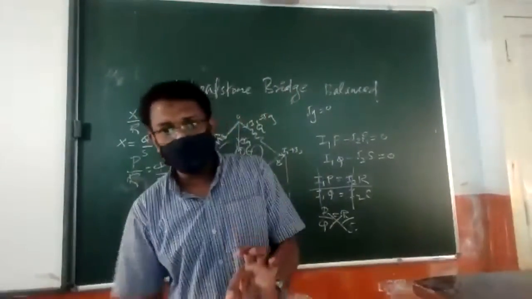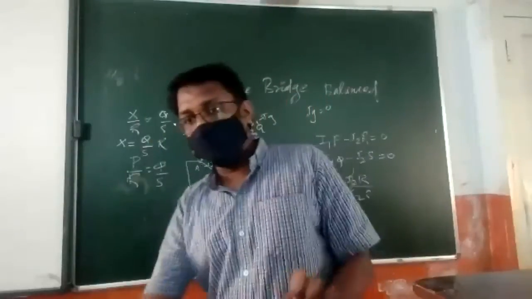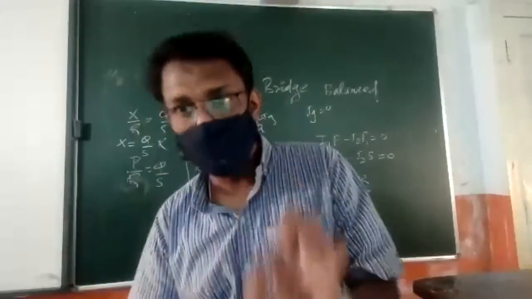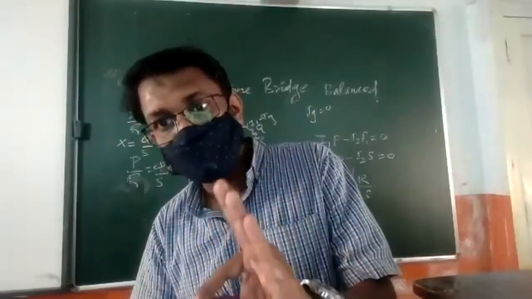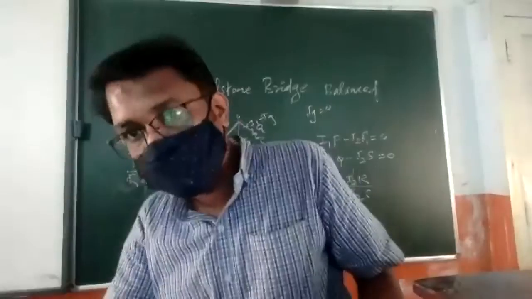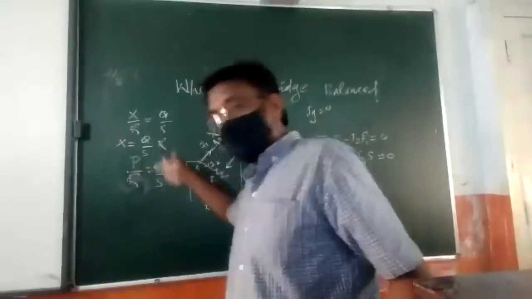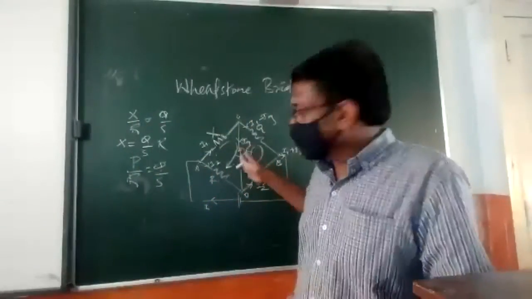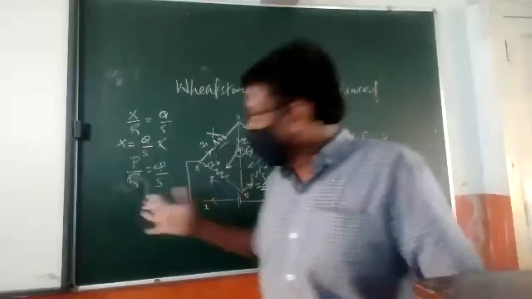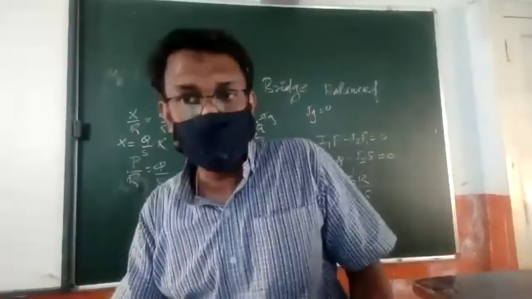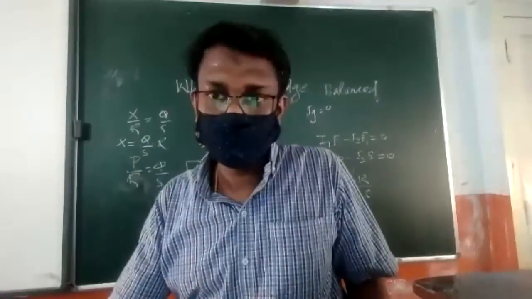So this is the way by which we find out the unknown resistance value, by constructing a Wheatstone bridge using the three known values and balancing the Wheatstone bridge by adjusting R, S, Q, the known values. Then using this ratio, we can find out the unknown resistance.